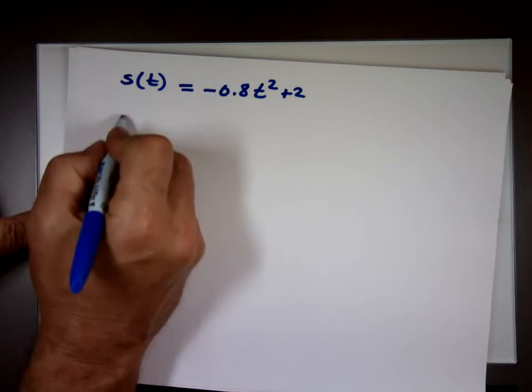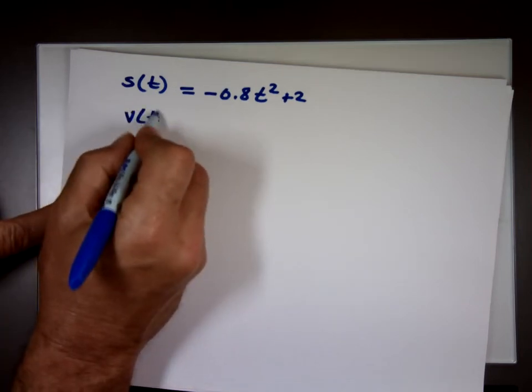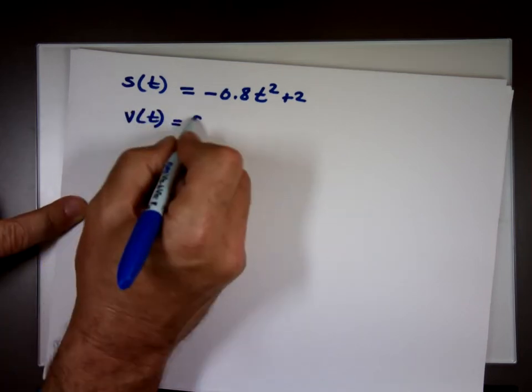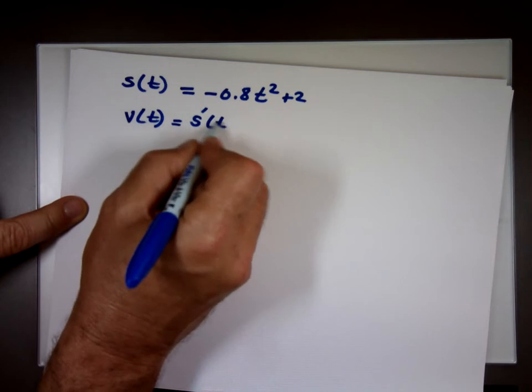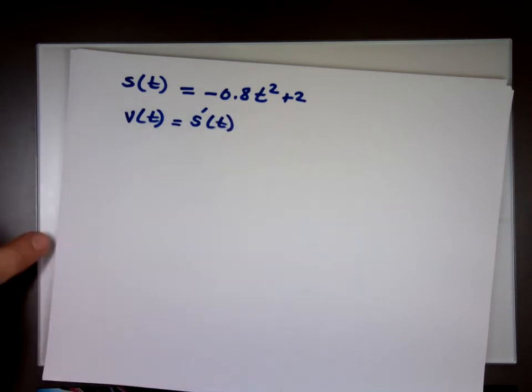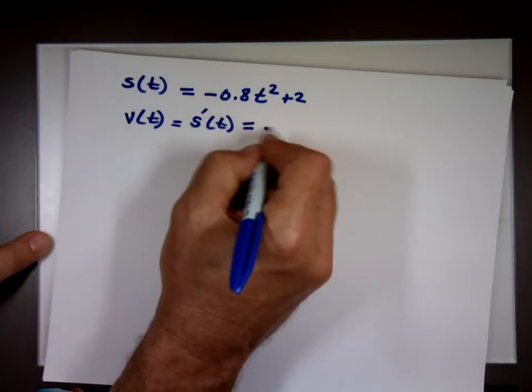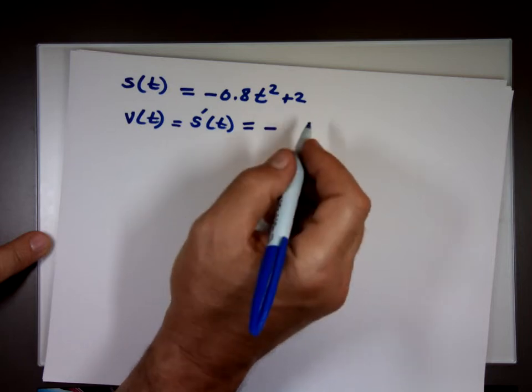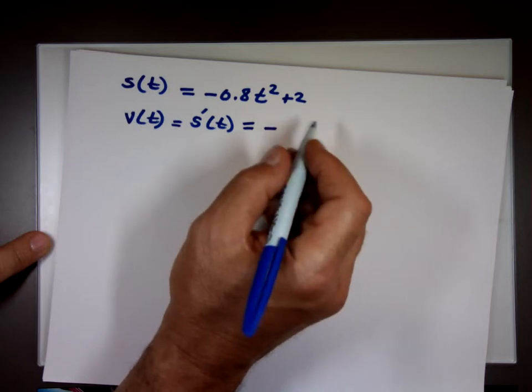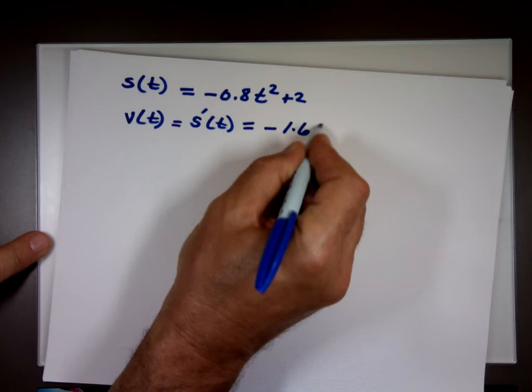If you want to find the velocity of the feather, it is the derivative of the distance or the height. And the velocity of that will be what? Negative, what do we have? 1.6 times t.